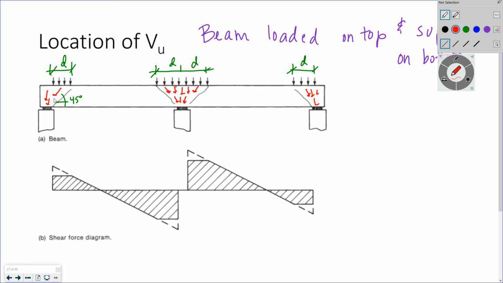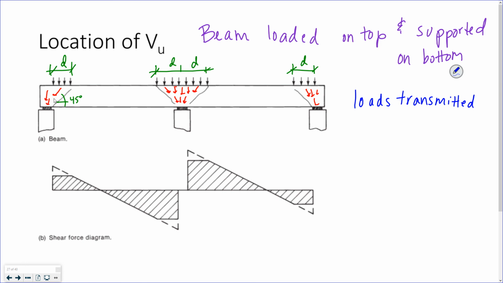So we say loads are transmitted directly to your support in the compression fan. Kind of looks like a fan, right?